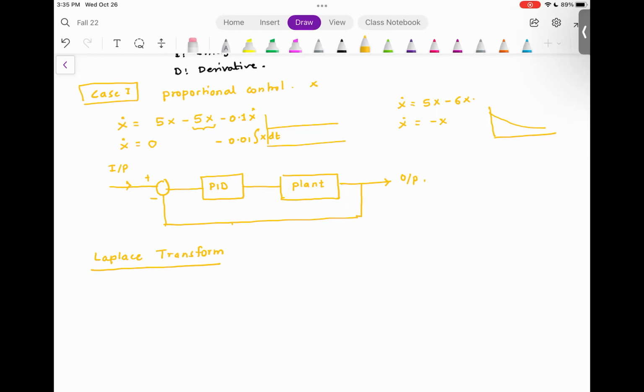And then you find the inverse Laplace and boom, that is the solution of your differential equation. Everyone understood this? That is the fundamental reason Laplace transforms are used.